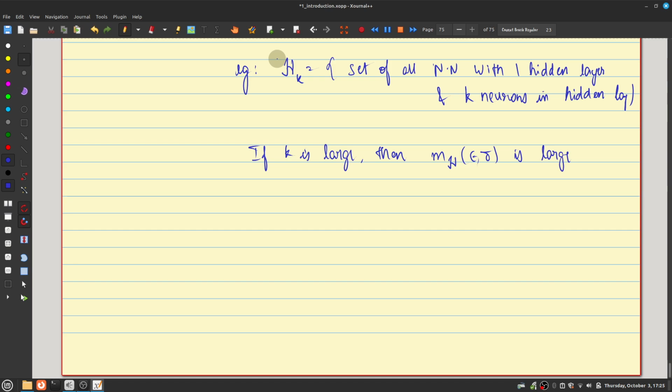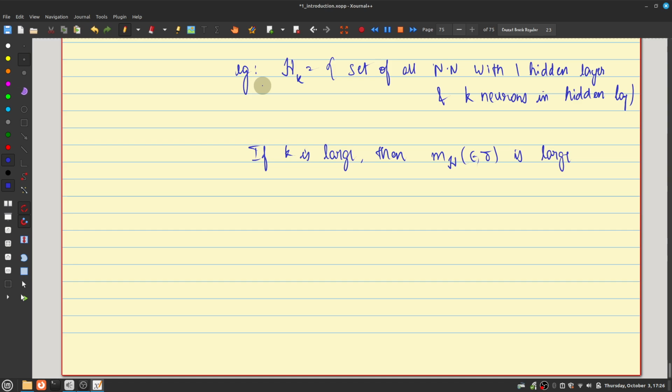So right now we're assuming that n is fixed. Suppose that the number of samples that you're given is fixed, but still you don't want to restrict yourself to a particular k; you want to look for the optimum h among all possible Hk's.